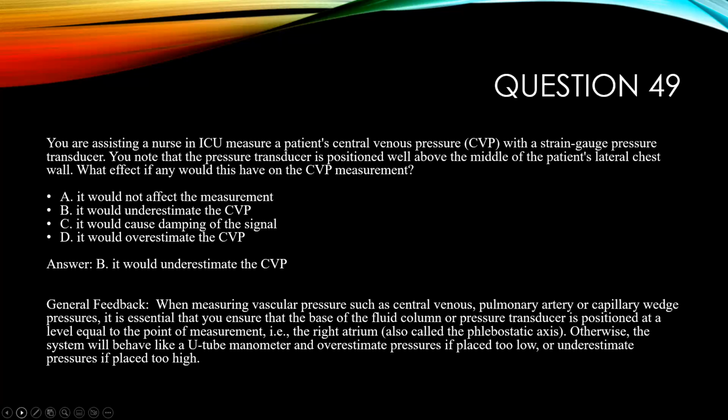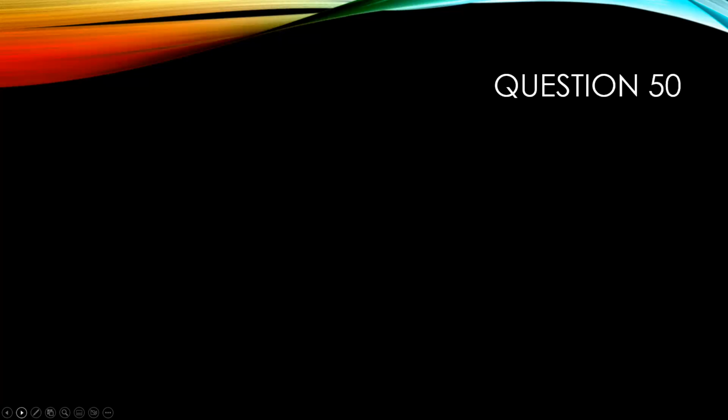Otherwise, the system will behave like a U-tube manometer, overestimating pressures if positioned too low, and underestimating if positioned too high. You can almost guarantee you're going to get some sort of question that relates to the location of a transducer and what effect it would have if it's misplaced.